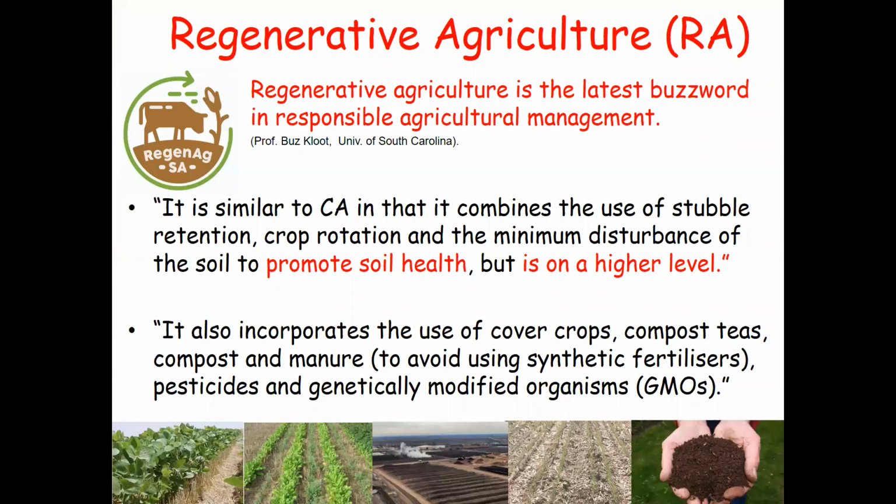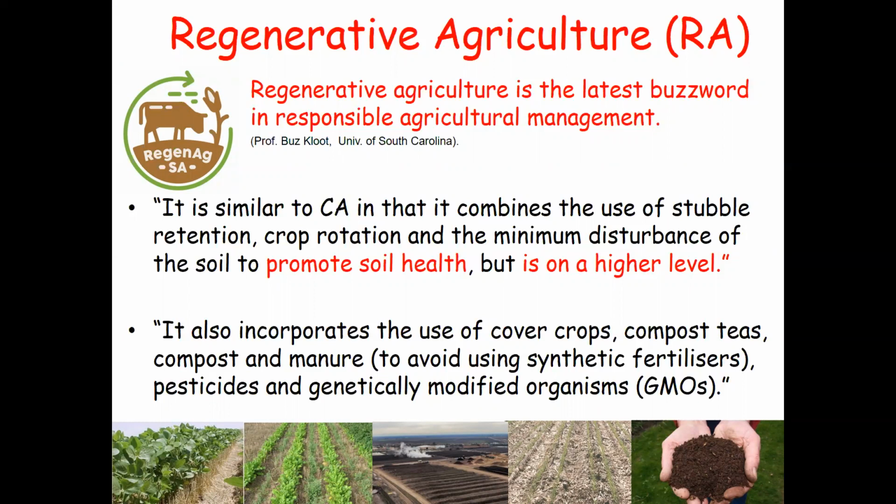Another term which has come into circulation recently is that of regenerative agriculture, or RA. It's a buzzword which was created by Professor Buzz Clute from the University of South Carolina. It is similar to conservation agriculture in that it combines the use of stubble retention, crop rotation, and the minimum disturbance of the soil to also promote soil health, but on a higher level.